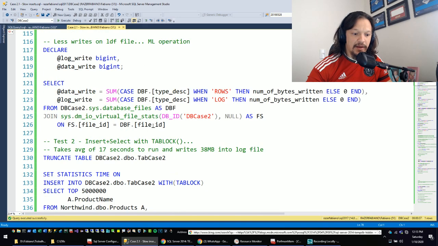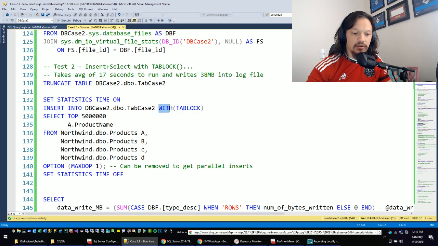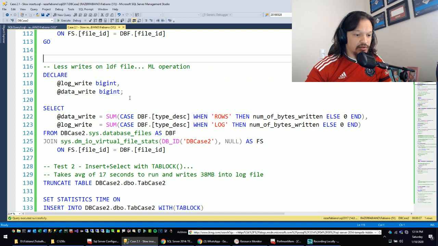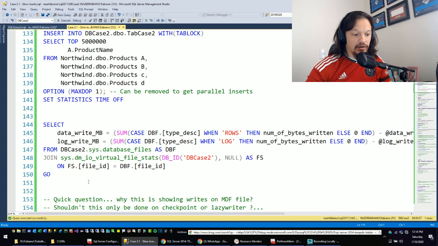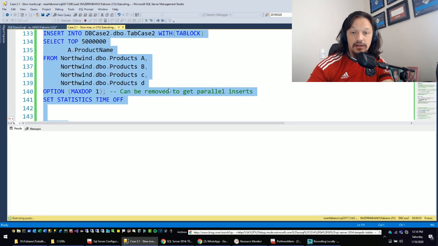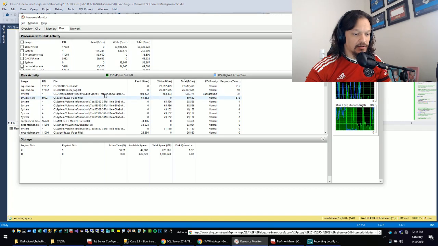The benefit of the minimally logged operation, which is the only thing that changed in this second test, is that I'm using TABLOCK, and that enables the minimally logged operation. So let's see. The minimally logged operation is going to write less to the log file.